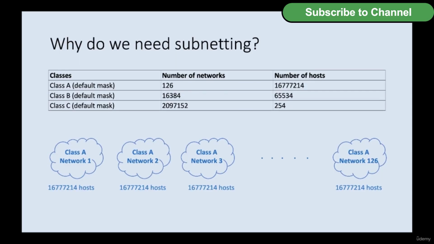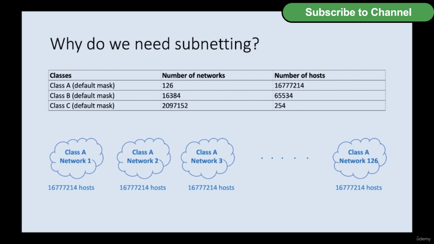To understand the need of subnetting, we will discuss a few values. Because of the default subnet mask, class A has a total of 126 networks and each of them has 16 million hosts. To understand this, look at the clouds below.